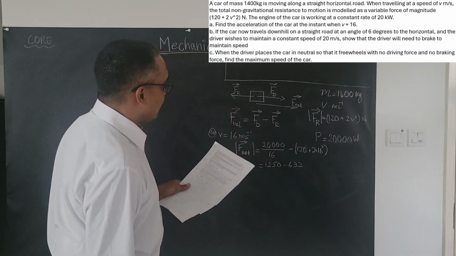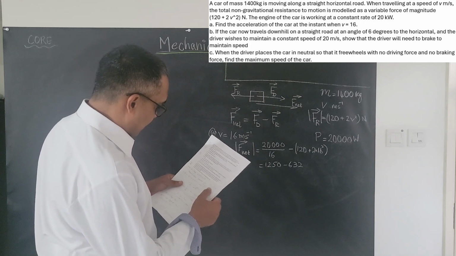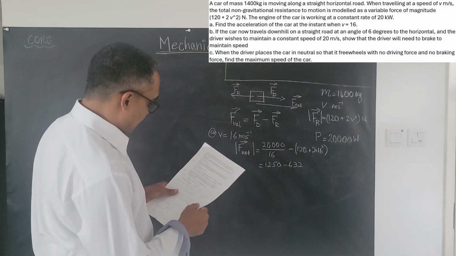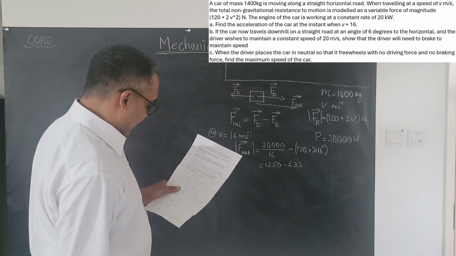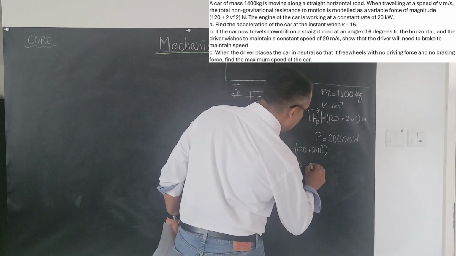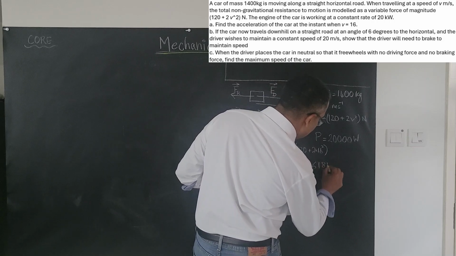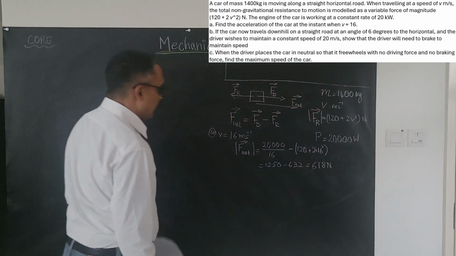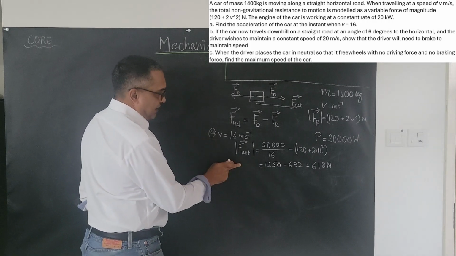Let's make sure I get this. I haven't made any mistakes here. I think that, yeah, 20. Yeah, that looks about right. Okay, which is equal to 618 newtons. Now I know at that velocity, this is the net force.